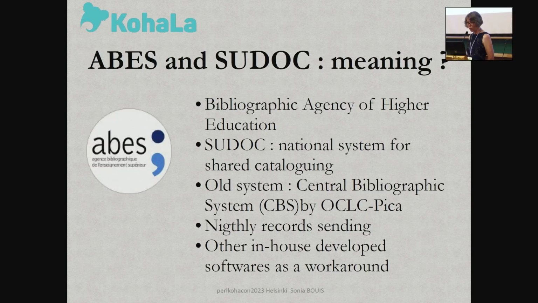So a small reminder of what ABES is. ABES is a bibliographic agency for higher education. It's administered by the Ministry of Higher Education, and it implemented the SUDOC. It's a national system for shared cataloging.